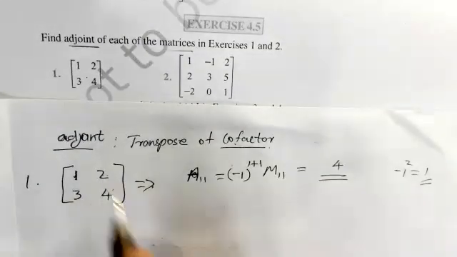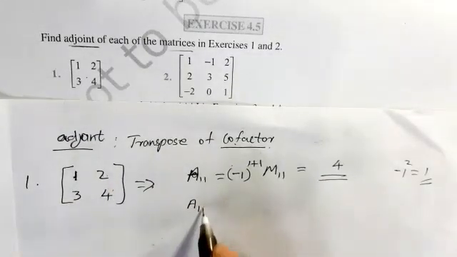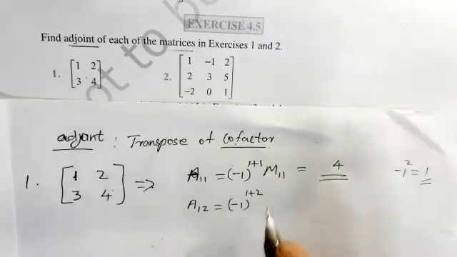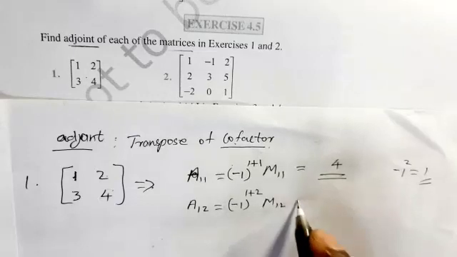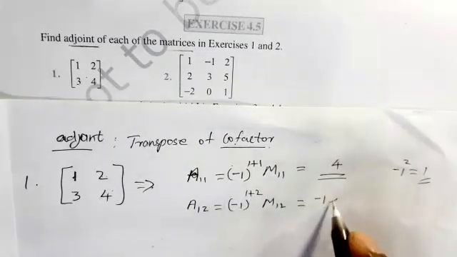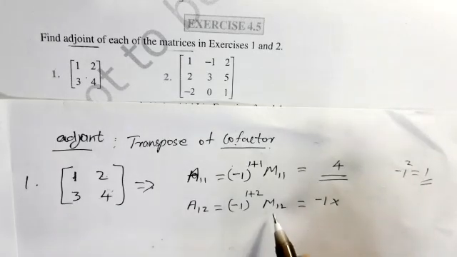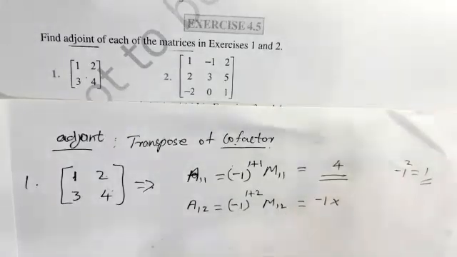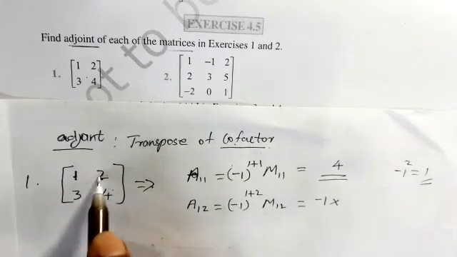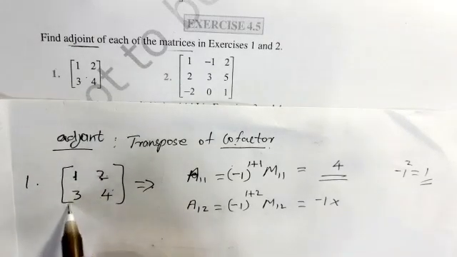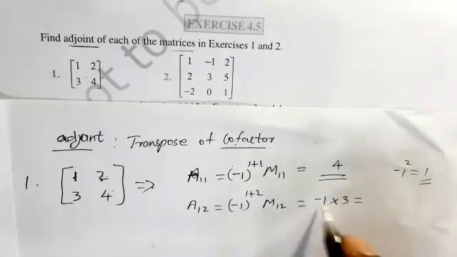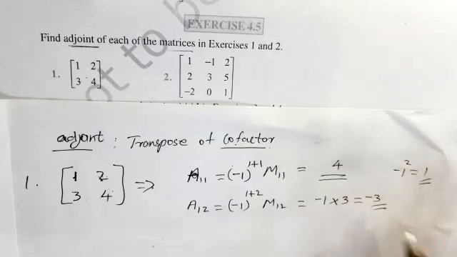Similarly, the second position, that is known as A12, is minus 1 raised to 1 plus 2 into M12, which is equal to minus 1 raised to 3, so it will be minus 1 into M12. M12 means first row, second column, this point. Deleting its row and column, 3 will be there. So minus 1 into 3 is equal to minus 3.